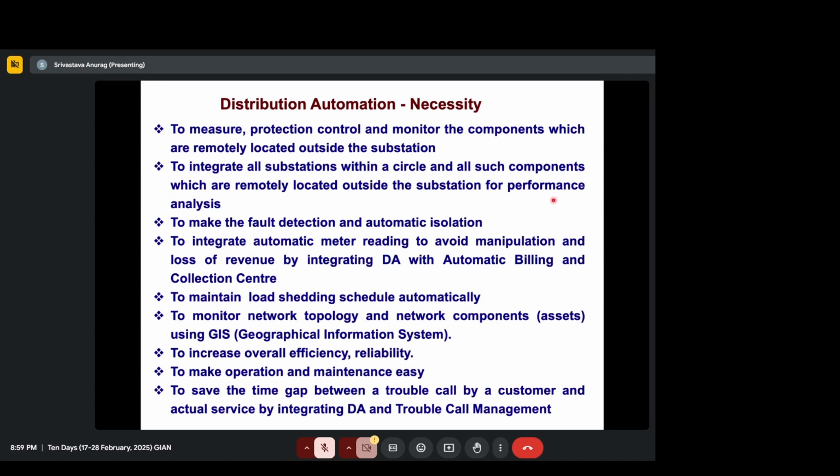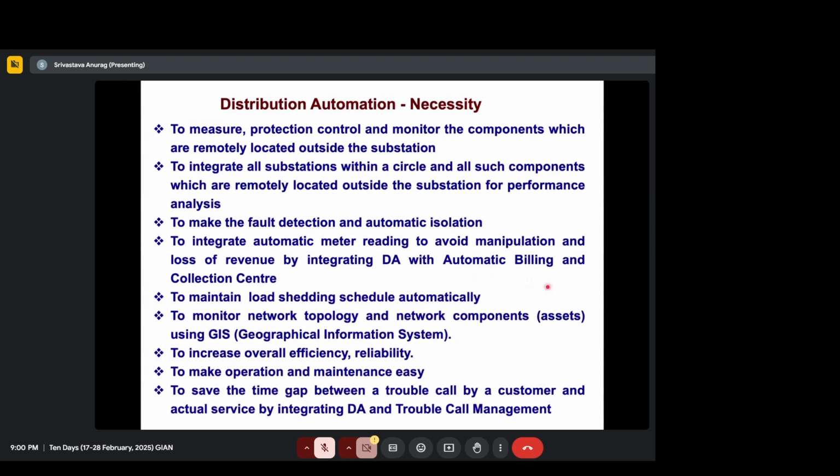So the minimal things that distribution automation should do are measure, do the protection, do the control, and monitor everything that is remotely located there. It should integrate all the components together for performance analysis. It should do the detection of fault and isolation of fault, which is based on protection, but for a minimal set of area. It should integrate all the metering to avoid manipulation and loss of revenue.